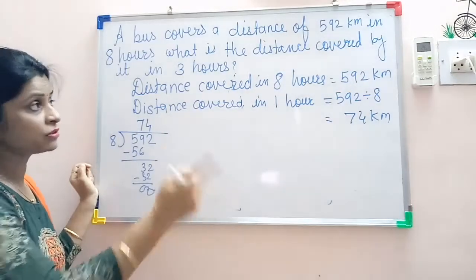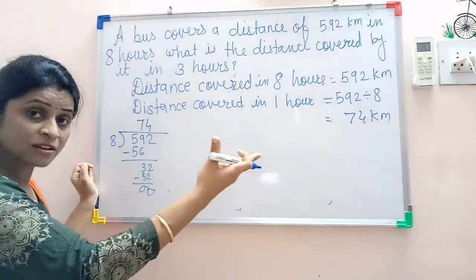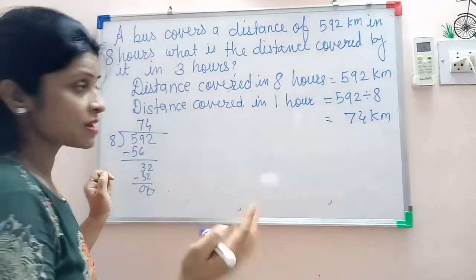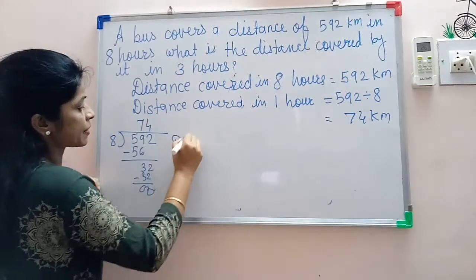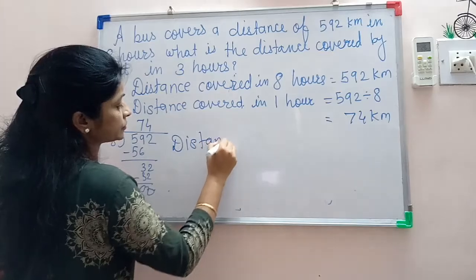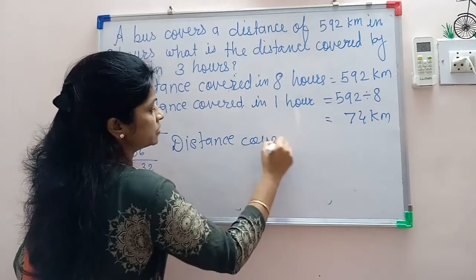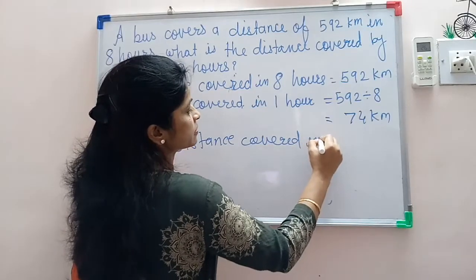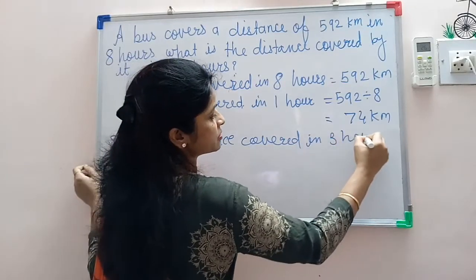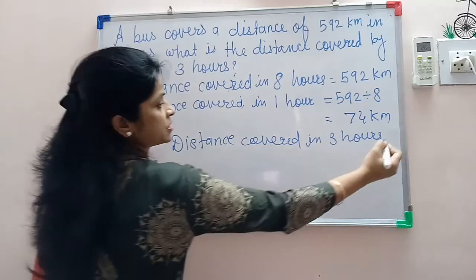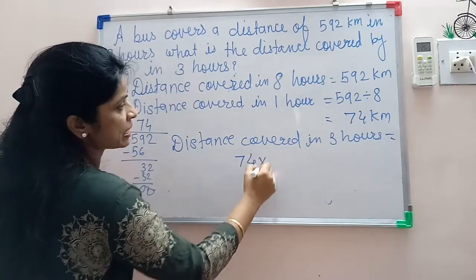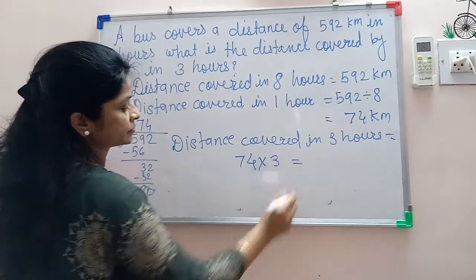Now we have to find out what is asked. Multi hours means we have to do the multiplication. 3 hours is asked. So distance covered in 3 hours is equal to 74 multiplied by 3.